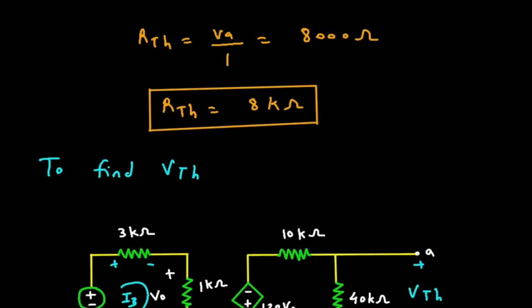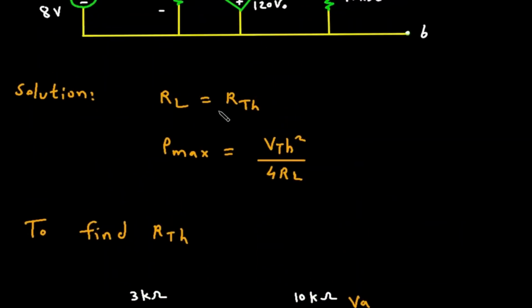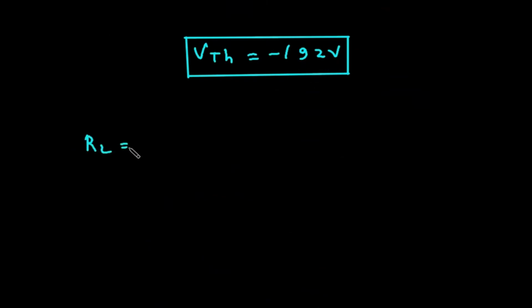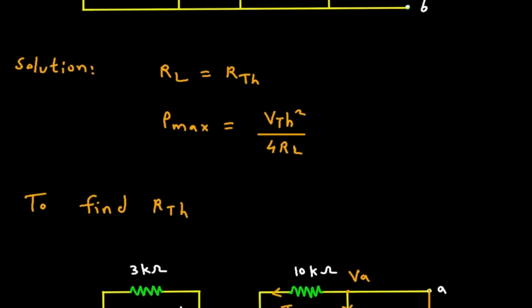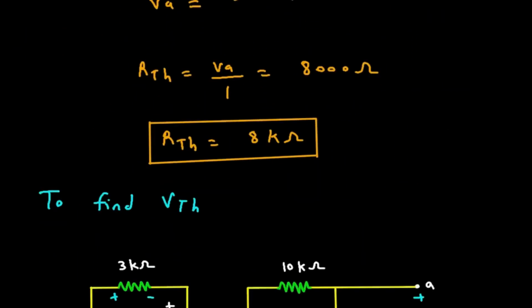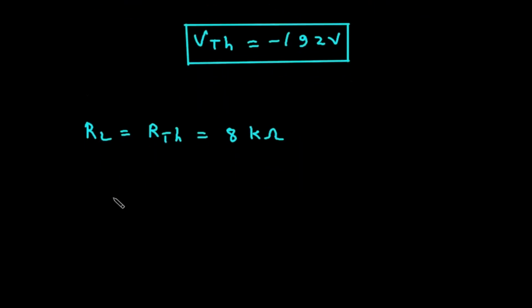Now we have the value of VTH and RTH. So RL is equal to RTH, which is equal to 8 kilo ohm, and VTH is equal to minus 192 volt. We have to find P max now. So P max is equal to VTH square by 4RTH.